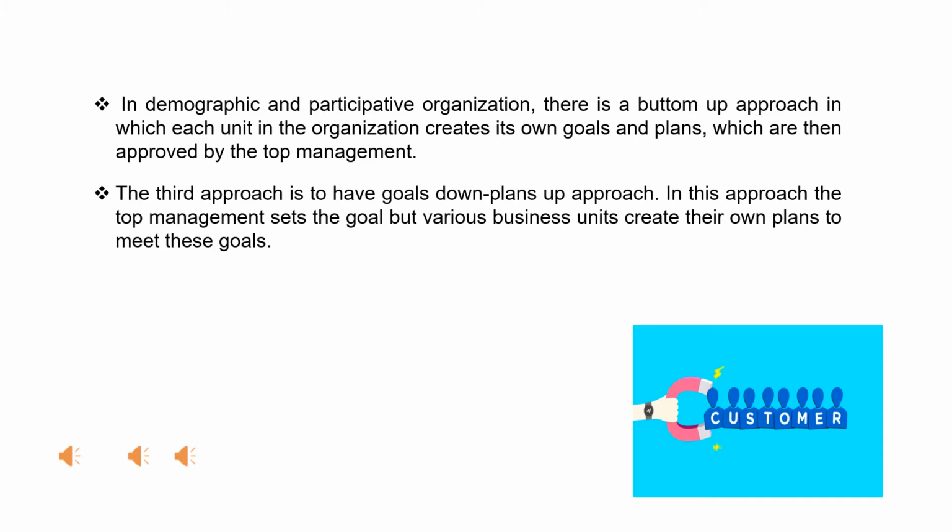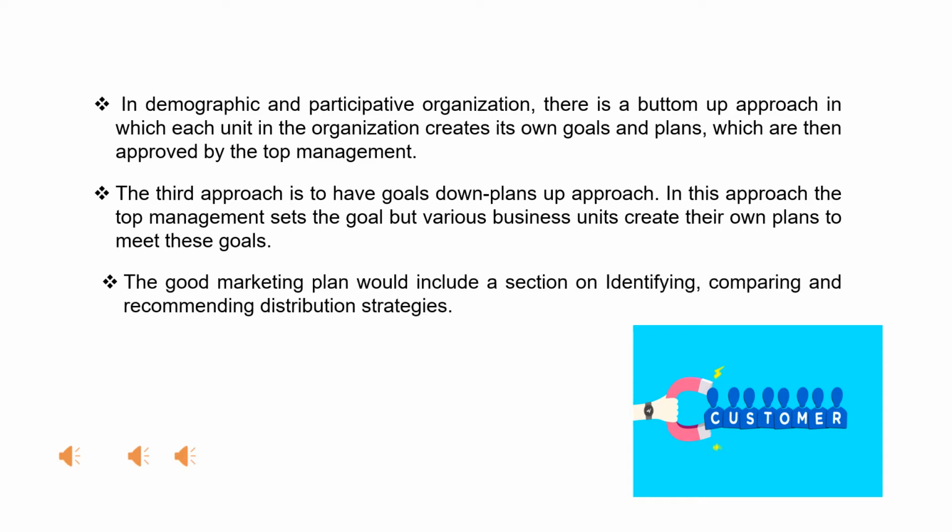The third approach is the goals-down, plans-up approach. In this approach, the top management sets the goals, but various business units create their own plans to meet these goals. A good marketing plan would include a section identifying, comparing, and recommending distribution strategies.